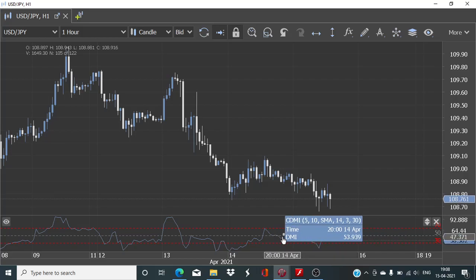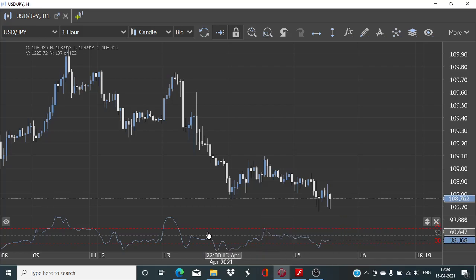Whenever we see the value rising above 50, above 50 is considered bullish, whereas below 50 is considered bearish. And if the value is beyond 70, then that is considered overbought, and if the value is below 30, that is considered oversold. So the plotting is, as I had said earlier, pretty similar to the RSI, and because of that, it becomes easier to use as well.